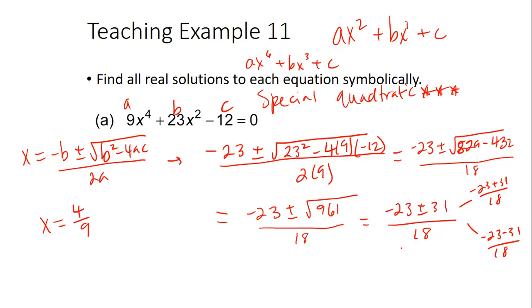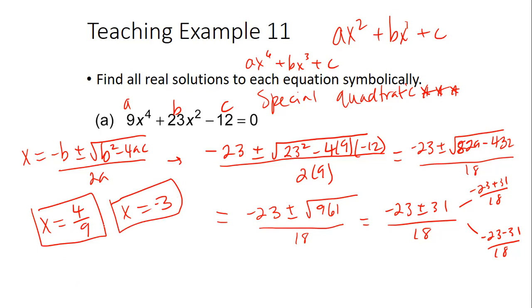And what's negative 54 over 18? 3. Is that right? Negative 3. So x equals negative 3. So these are my two solutions. So we get x equals 4/9 and x equals negative 3.